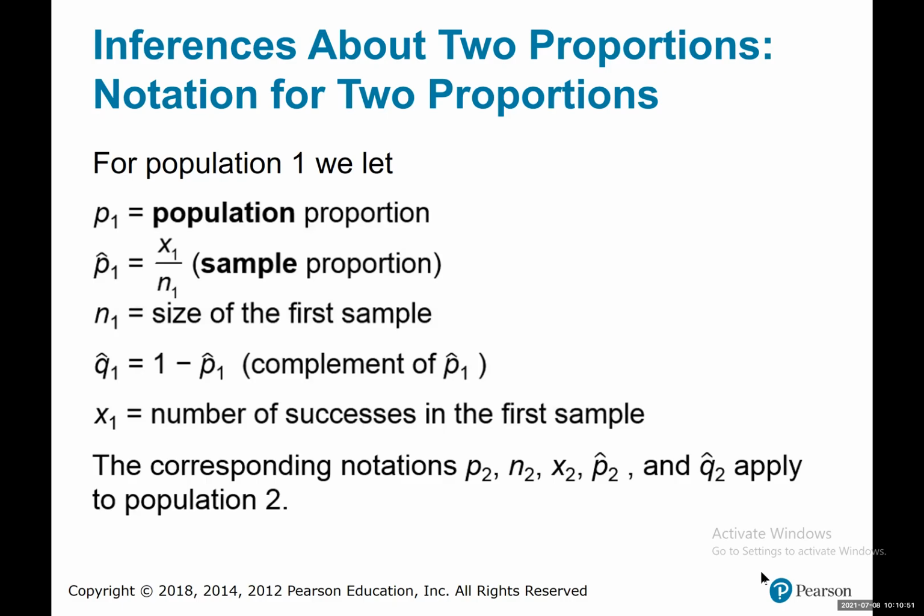And then the same would be for the second. Maybe quickly write the notations. We have used them in the past, but this time they have a subscript 1 and subscript 2, meaning the first population versus the second population.